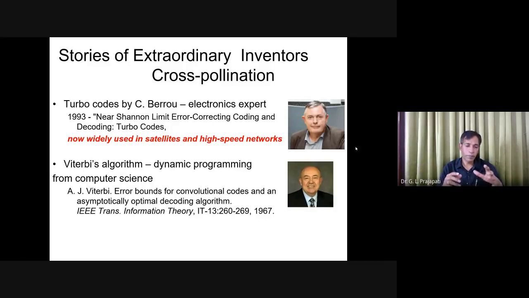Viterbi has given an algorithm for dynamic programming, which is known as Viterbi's algorithm. If you have an idea about Markov models or hidden Markov models, then you know there is a need for finding out the hidden states.